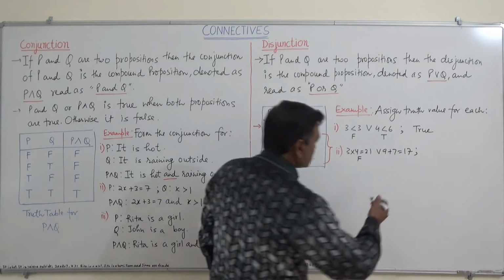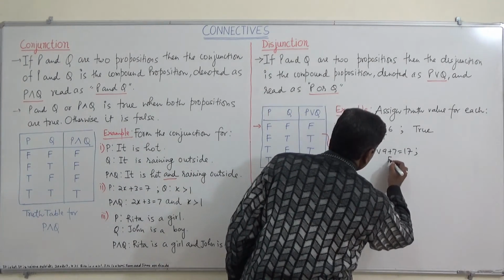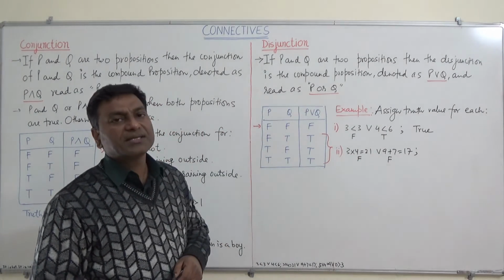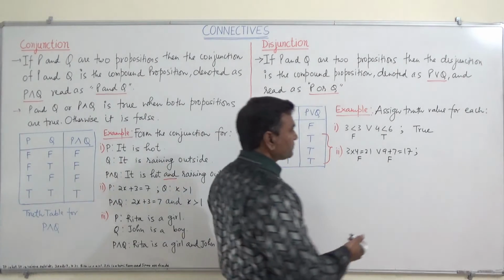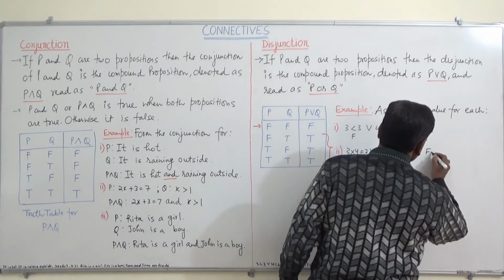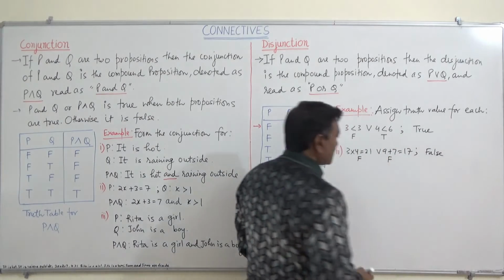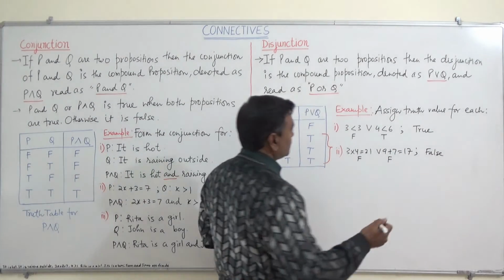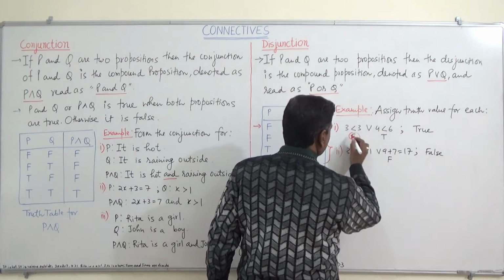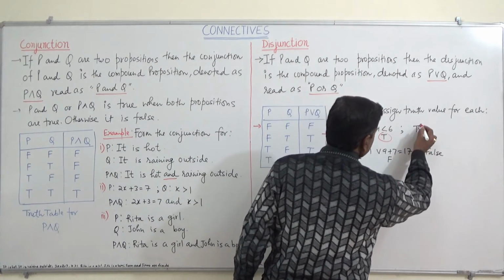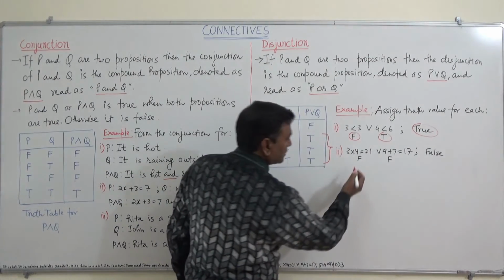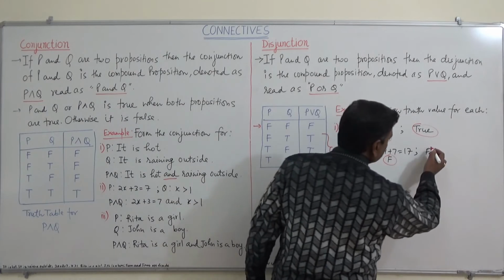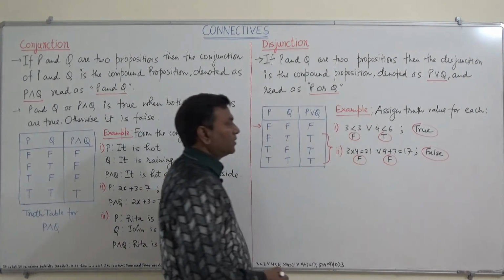So this is also false. When both the propositions are false, then this will be false. So its truth value will be false.